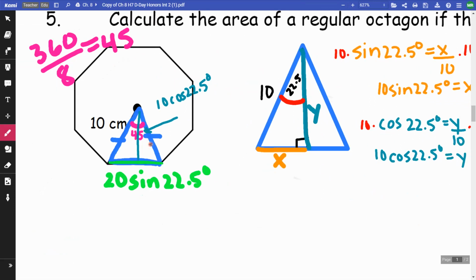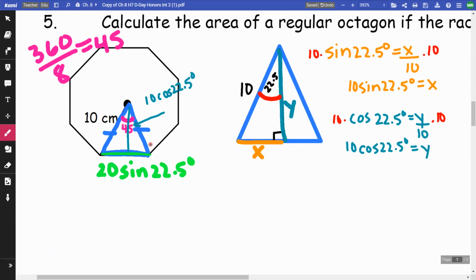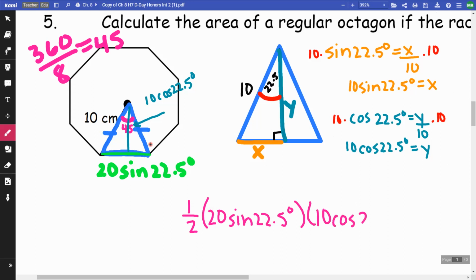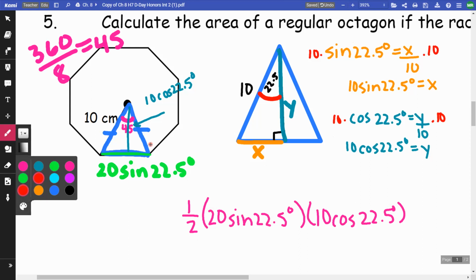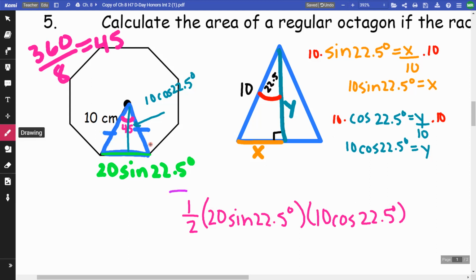So now when I'm going to find the area of one of these triangles, I am going to take 1/2 times my base, which is 20 sine of 22.5 degrees, times my height, which is 10 cosine of 22.5 degrees. Then I am going to multiply that by 8 because I have 8 of these.